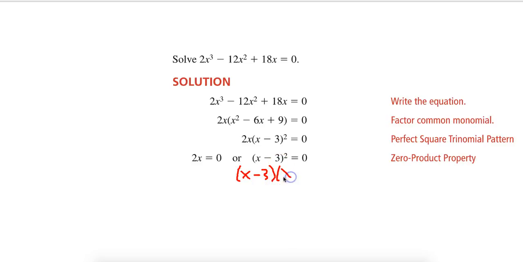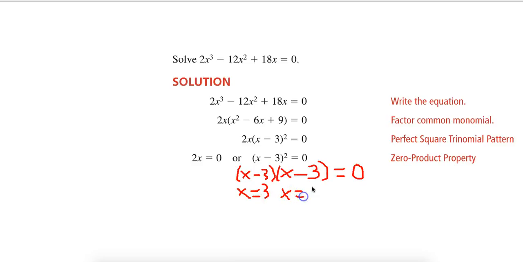You'll remember, just like we did with 2x, when we solve one of these polynomials equal to 0, we break down our expression into all of the simplified binomials and set each one equal to 0. So if we take each of these binomials and set them equal to 0, you'll see that we're going to get x equals 3 right here and x equals 3 in our second.